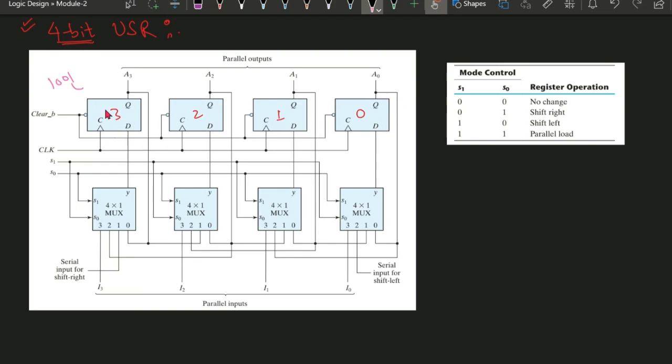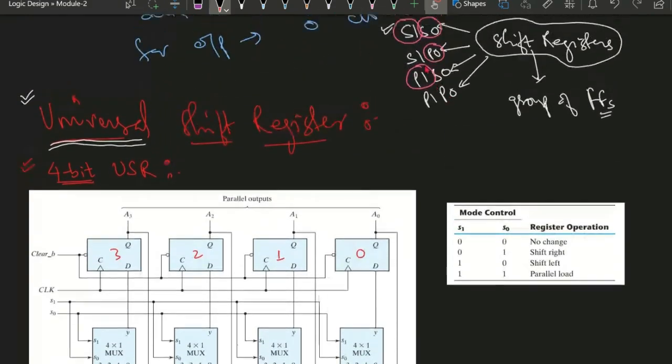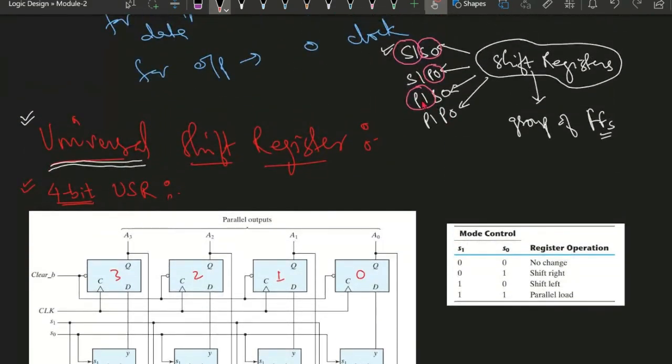Similarly, we will be inputting in parallel also.